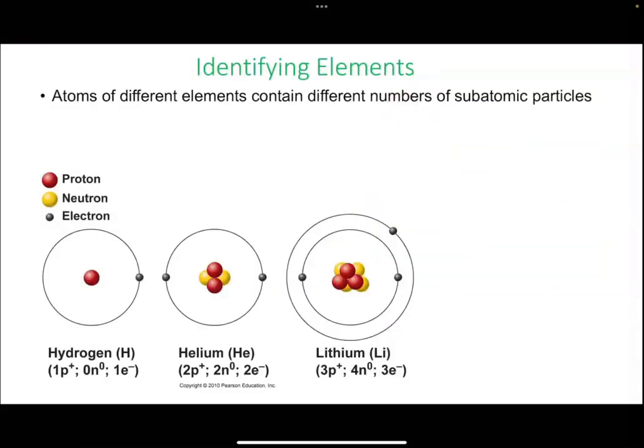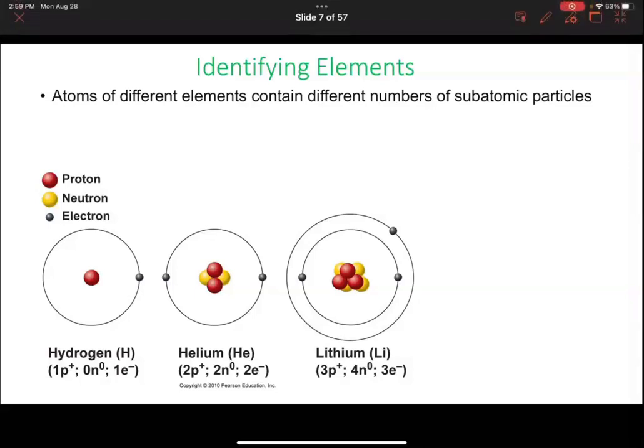How do we identify elements? Basically, as I said in the previous slide, atoms of different elements contain different numbers of subatomic particles, and this is how we differentiate them. So here, for example, you can see in the figure, we have hydrogen that has 1 proton and 1 electron.